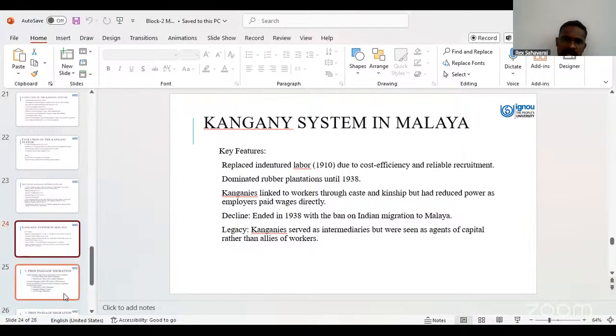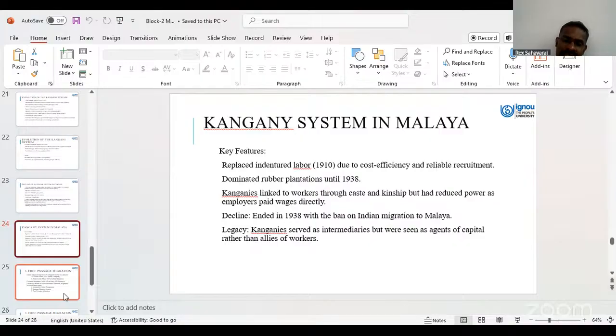So you find the Kangani system in Malaysia, so-called Malaya before. It replaced intensive labor due to cost efficiency and reliable recruitment. It dominated rubber plantations until 1938. And the Kangani was linked to workers through caste and kinship, but had reduced power as employers paid wages directly.